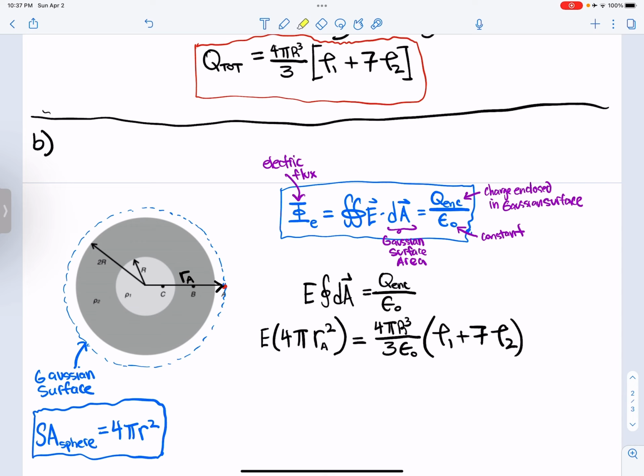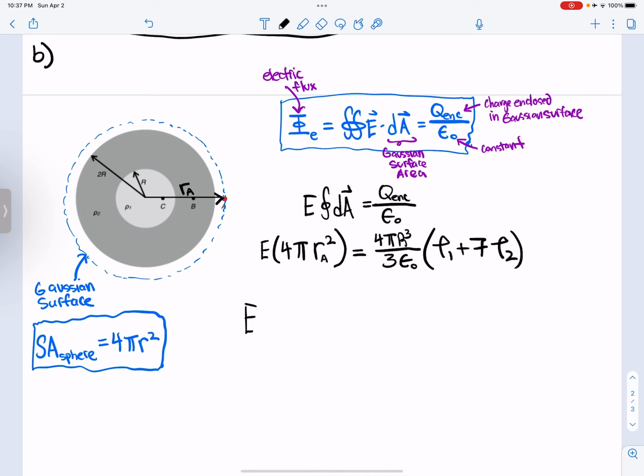And then I'm going to transfer this Gaussian surface area for the sphere to the right side of the equation, and I can find my electric field at point A. So that becomes 4 pi r cubed over 3 epsilon naught times rho 1 plus 7 rho 2.